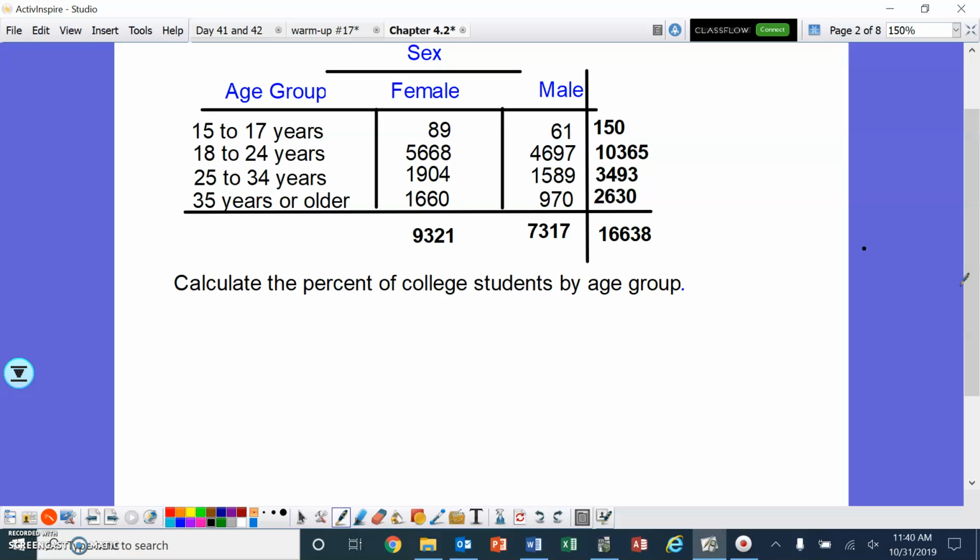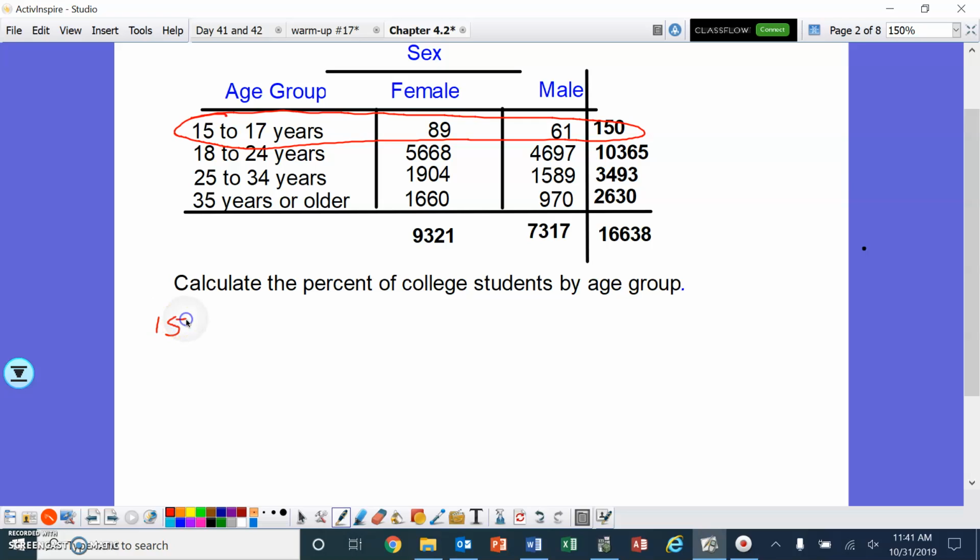All right, so if we look at the first age group, let me color code this. So the first age group is right there. Now, it's just saying by age group. It is not saying anything about male or female. It just says that age group. So that means we're going to combine them.